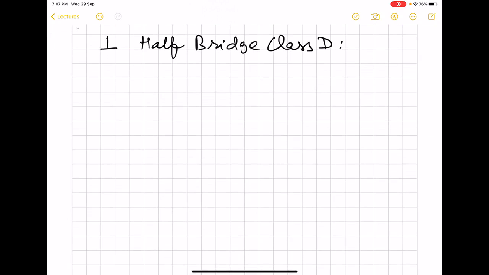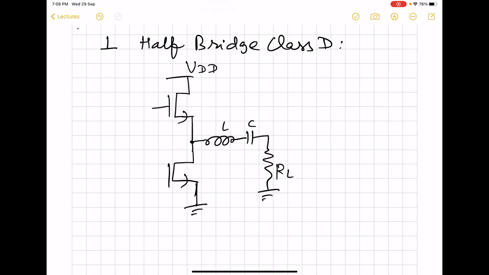So first we will see the circuit diagram of this circuit, and this implies two MOS. But then we use one transformer.